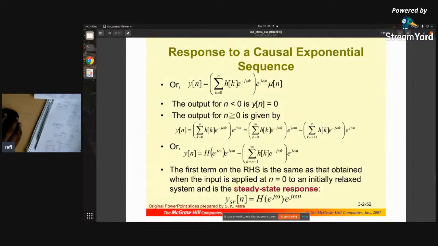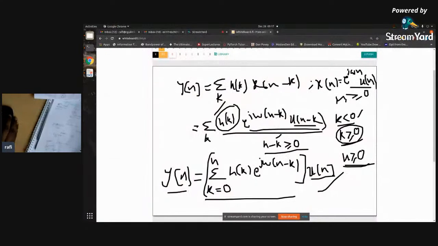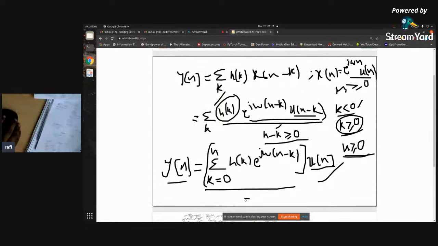So that is our steady state response. We use the frequency shifting, the time shifting property here, so you can always write this equal to H of omega into e power j omega n u of n, because in the sum of h of k into the exponential, you can split this exponential into two terms. e power j omega n is one term, independent of k, which can be taken outside, and the other is e power minus j omega k.